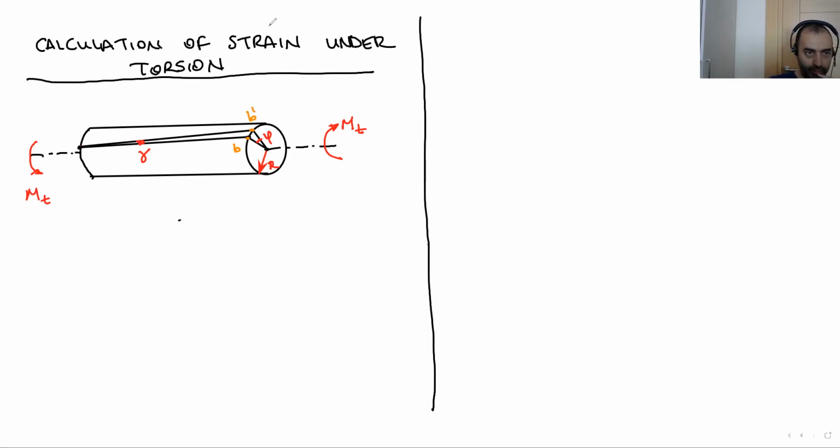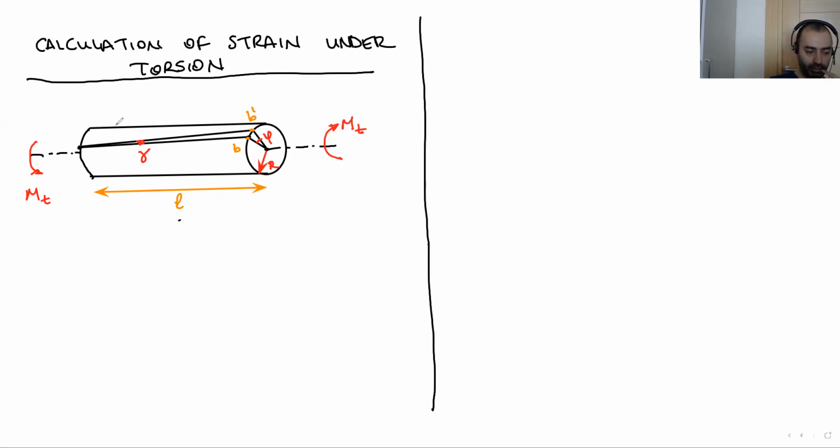Now, the length of the member here is L. All these angles are really small, so we can assume that the tangent of these angles equals the angles themselves.